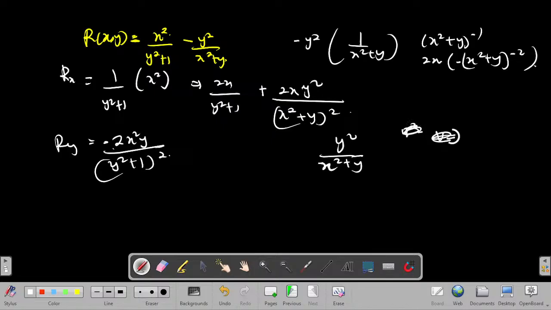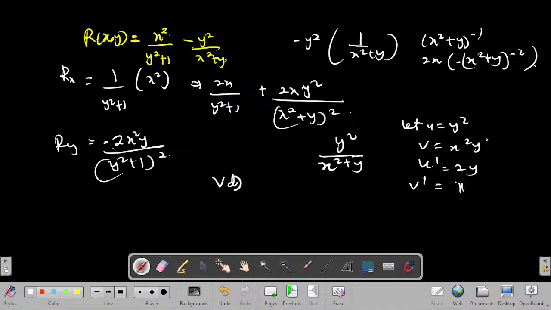So let me make the numerator u mine. I'm using the quotient rule. Let u be equal to x squared, therefore u prime is equal to 0, and v is y squared plus 1, so v prime is 2y.